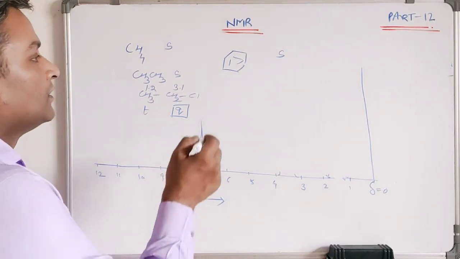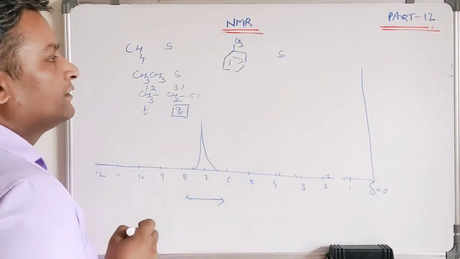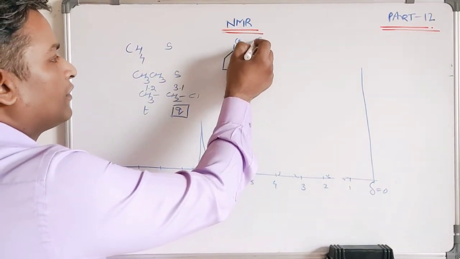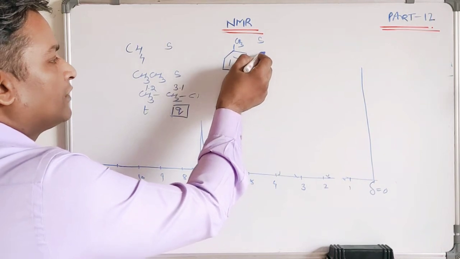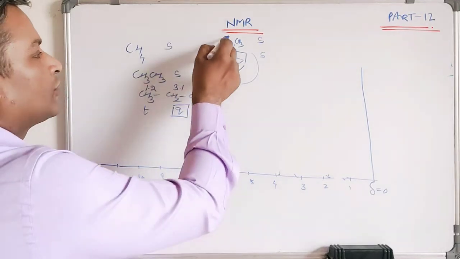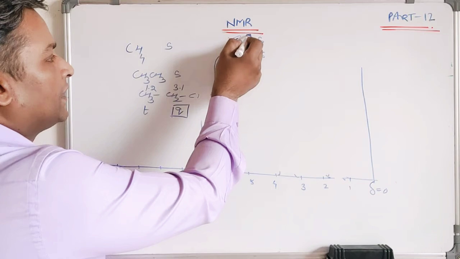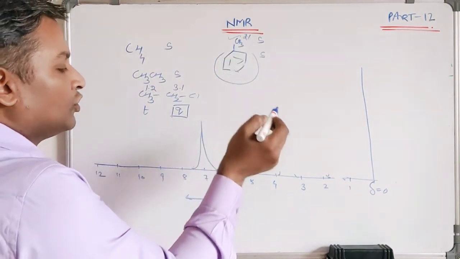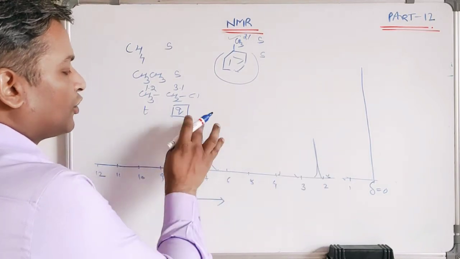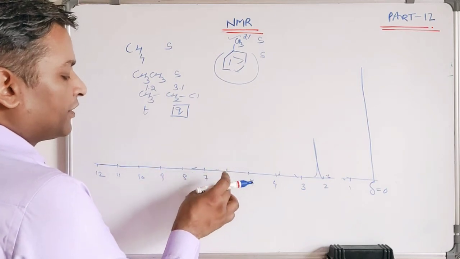Suppose I ask you to write the spectrum of toluene. In toluene, the NMR spectrum will show 2 different peaks. One will be a singlet for the methyl and one singlet for the 5 aromatic protons. The 3 methyl protons will show a singlet at approximately 2.1, and the 5 protons will show a singlet in the aromatic region, 6.5 to 8.